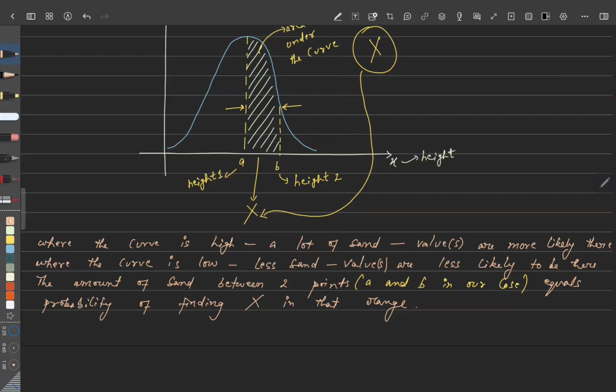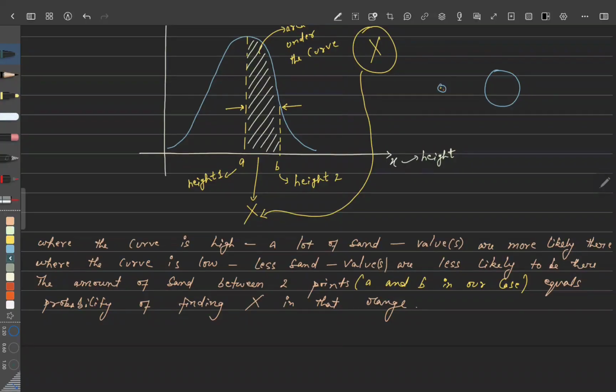Okay, so for example, let me give you another example. Let's say you have two circles, one is this small circle, one is this big circle. Let's say these two circles have different varieties of sand in them. Different colors, this, this.